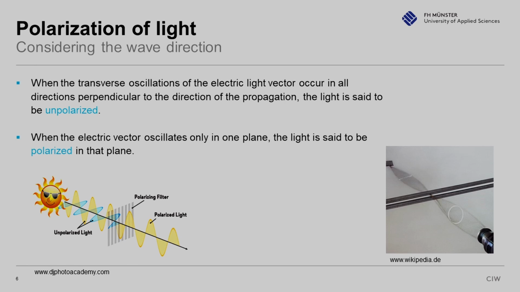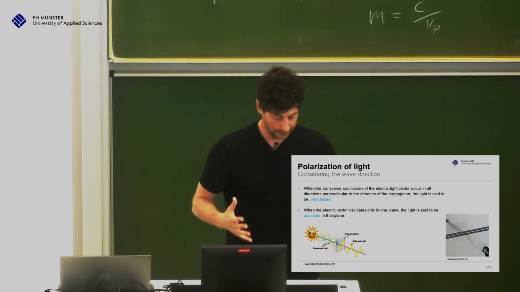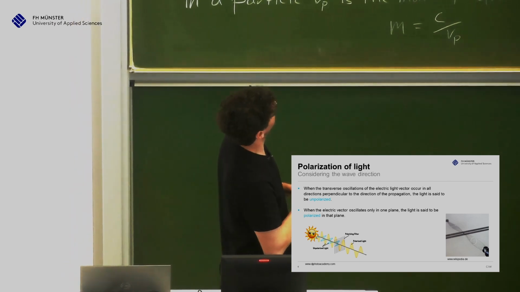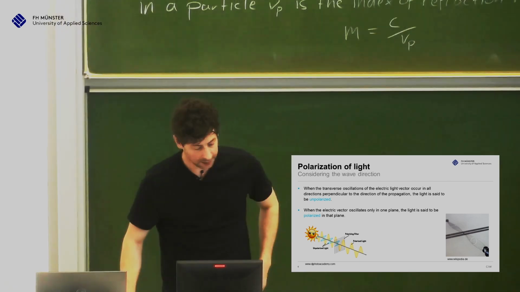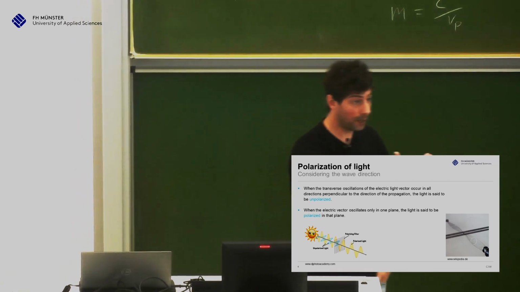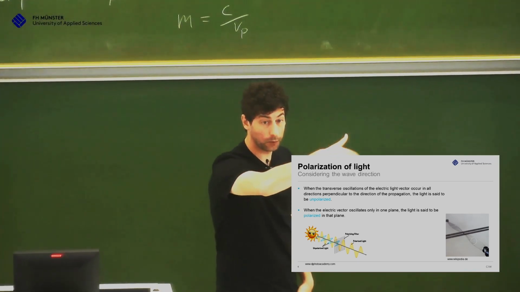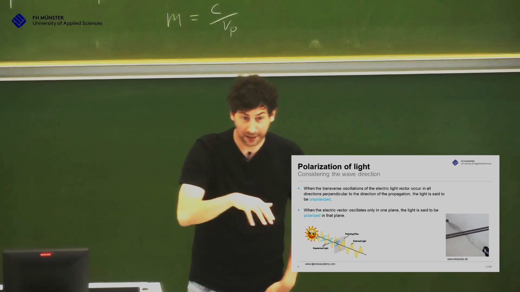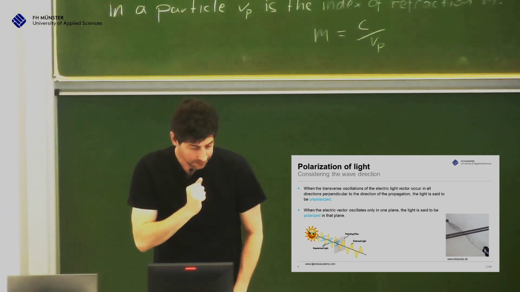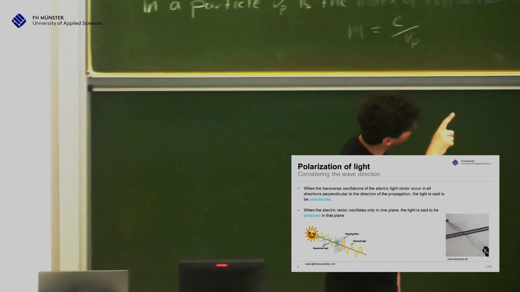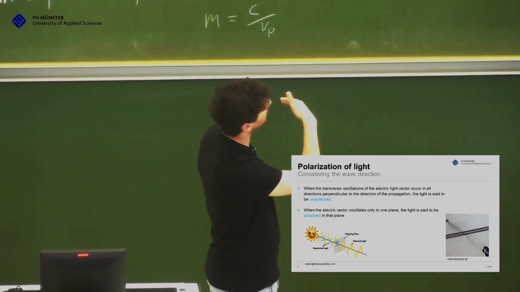Polarization of light is quite interesting because we can say, when the transverse oscillations of the electric field vector occur in all directions perpendicular to the direction of propagation, the light is said to be unpolarized.